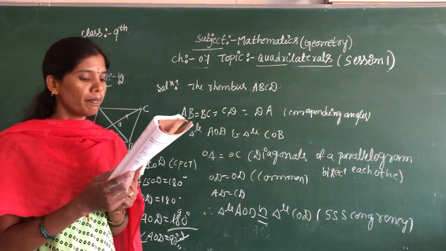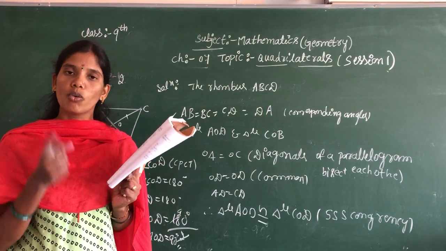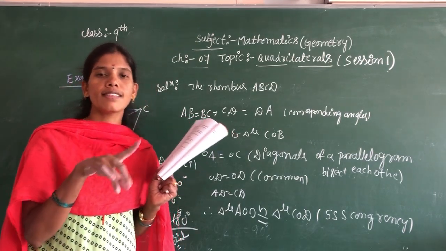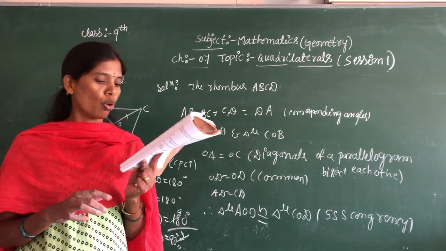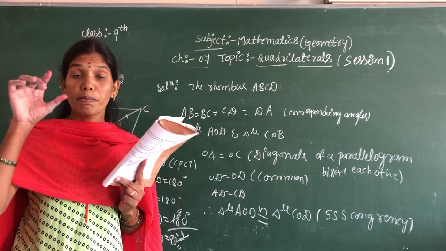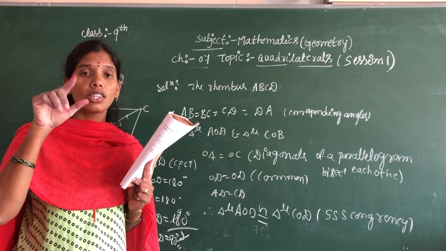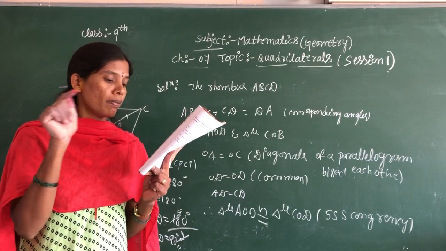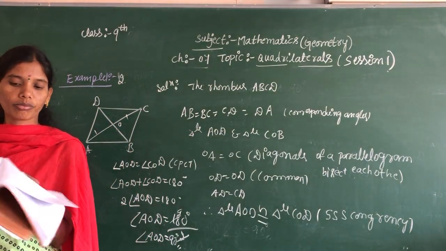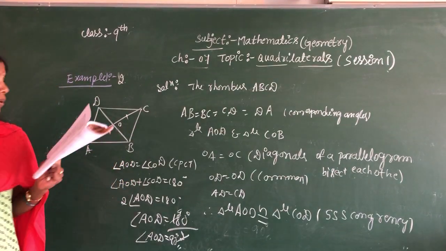Okay children, theorem 7.8: a quadrilateral is a parallelogram if a pair of opposite sides is equal and parallel. Here AB is parallel to DC. Okay children, that is all. What is that? Theorem 7.8.